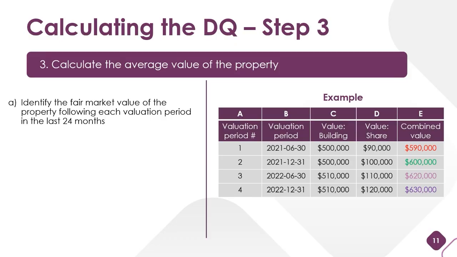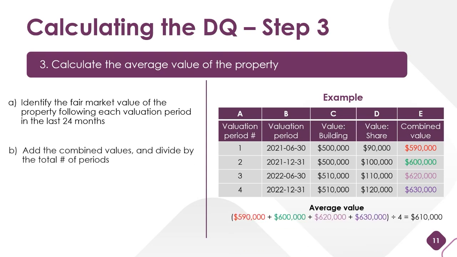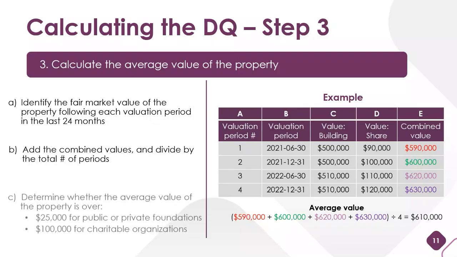3B. Now we add the combined values in column E together and divide by the total number of periods, which is 4, that equals $610,000. The charity writes $610,000 on line 5900 of their tax return. Lastly, 3C.